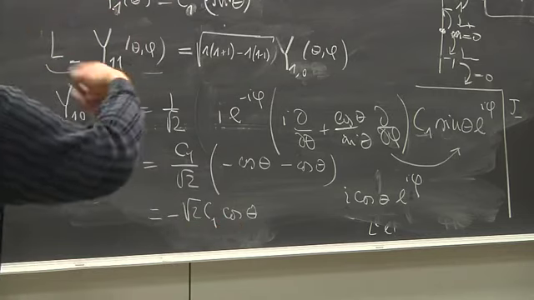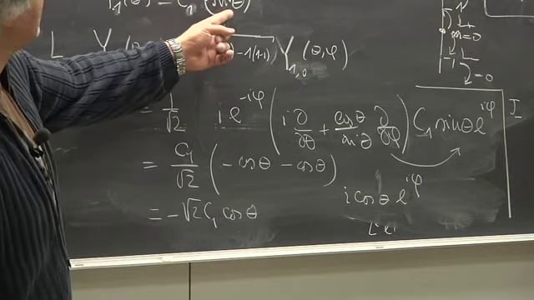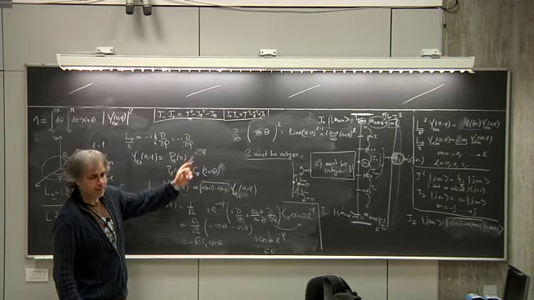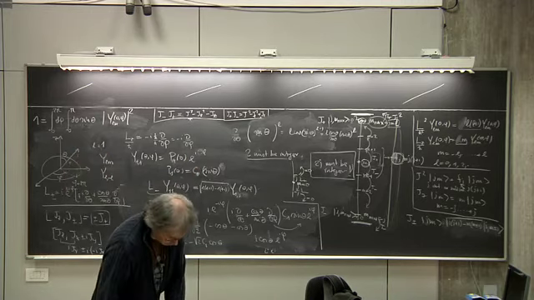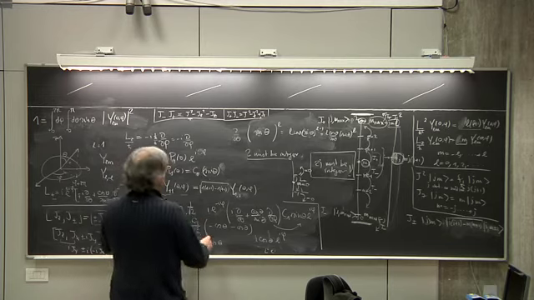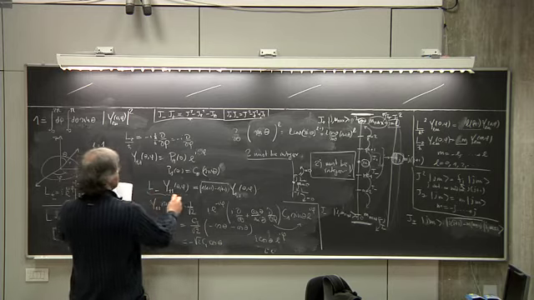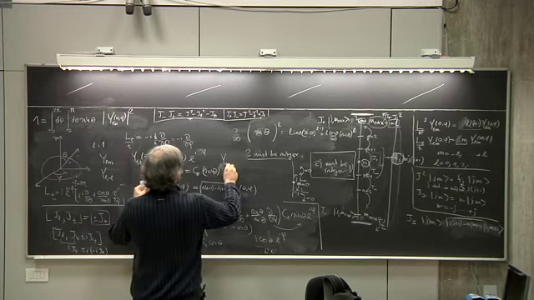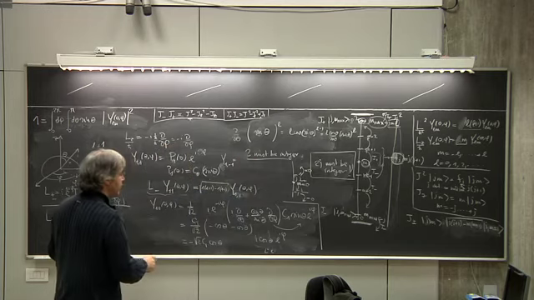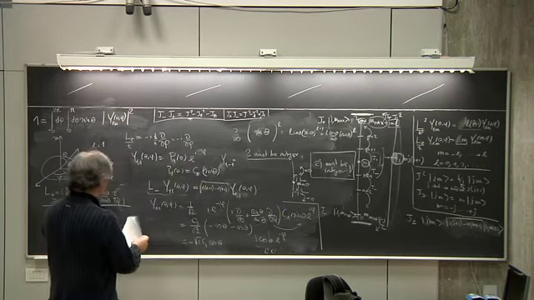If you repeat the process once again, you obtain a function that is very related to this, except that there is a minus here. So the function, I write it for you. The function Y_1,-1... sorry, Y_1,0 is equal to, by the way, this coefficient C1, you can calculate it.